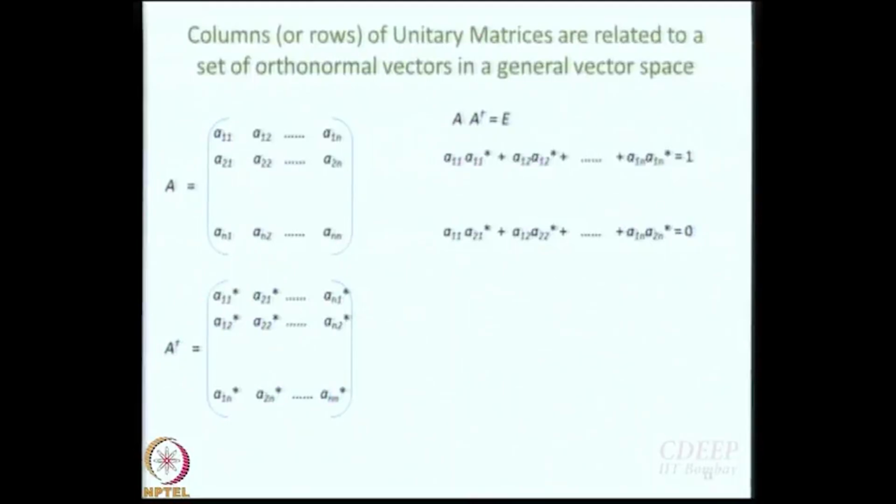So the first one is sum over j from j equal to 1 to n of A i j A i j star, that is equal to 1.